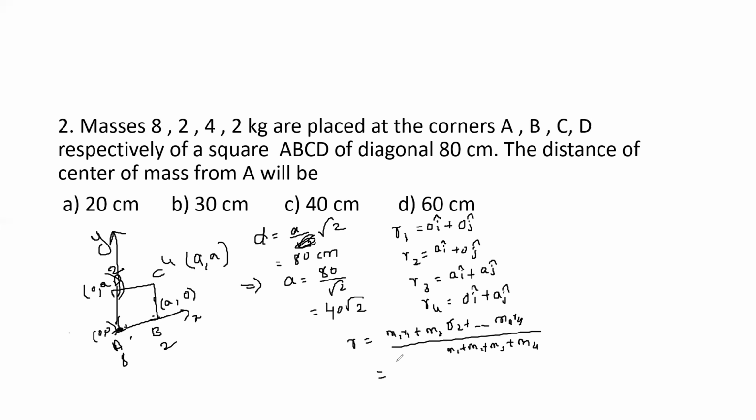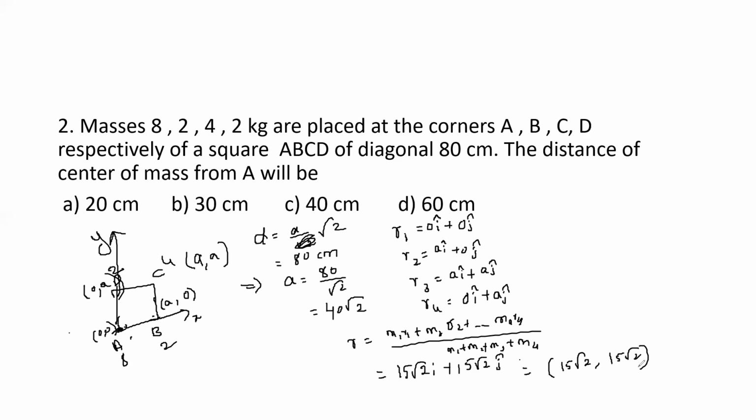It becomes 15 root 2 i plus 15 root 2 j. So the coordinates of center of mass are 15 root 2 comma 15 root 2.